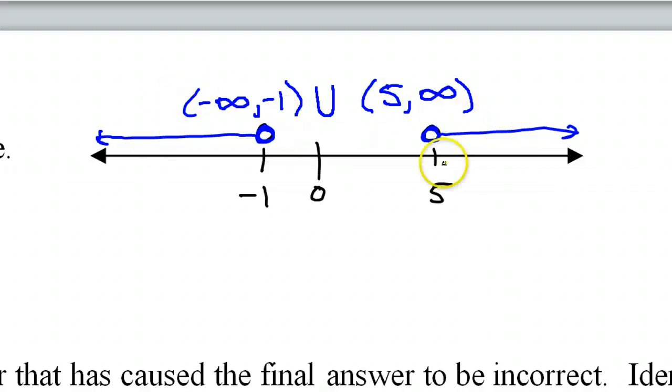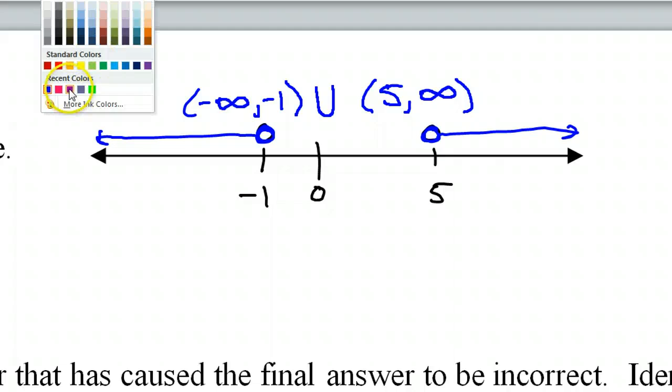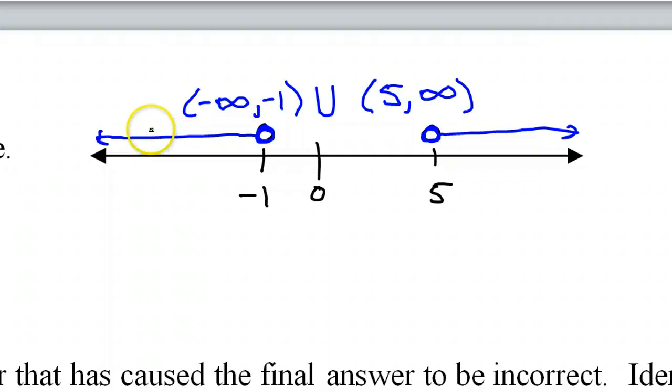Okay, so we've got the solution, we've got the graph. Now, if I wanted to, I could have given you an inequality instead of interval notation. So I want you to know how to do that. This branch here on the left, these values are less than -1. You see the arrow going to the left of -1.